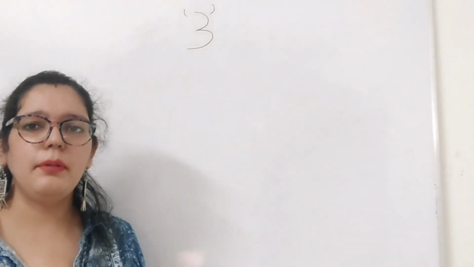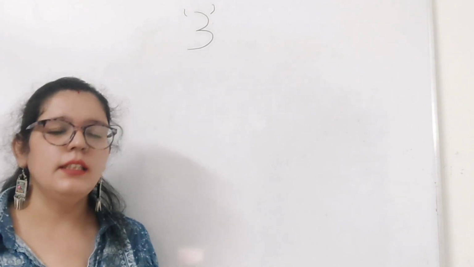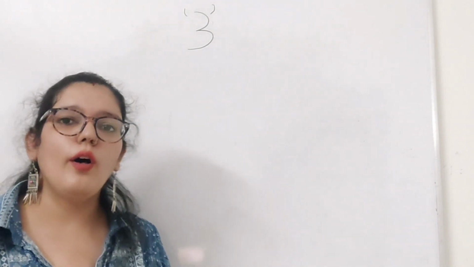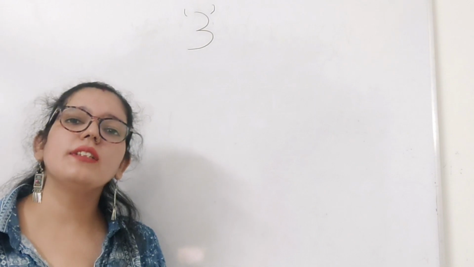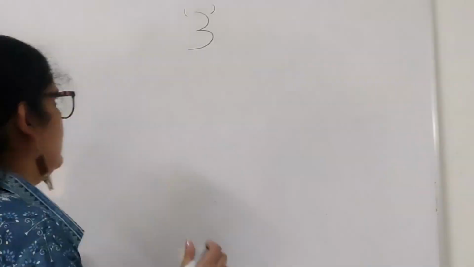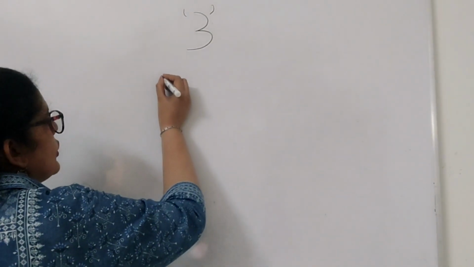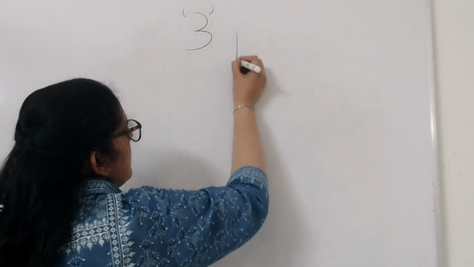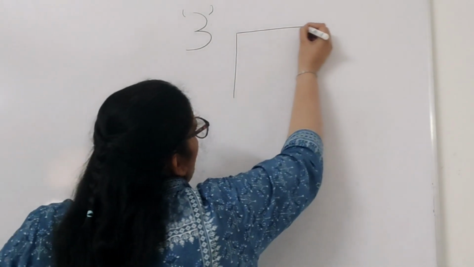Now for the table of 3, that is the 3 times table, we will draw a tic-tac-toe of 3 by 3, that is 3 rows and 3 columns in each row. So here I will make a tic-tac-toe.